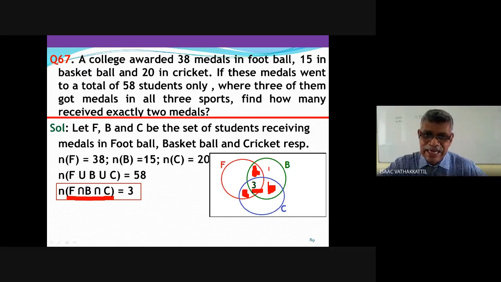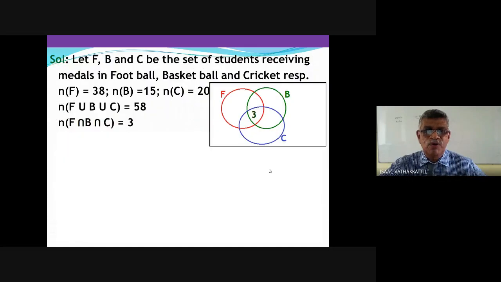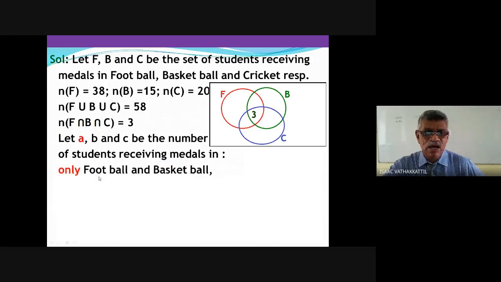And that A will come here. I have defined a variable A as the number of children receiving medals in only football and basketball.